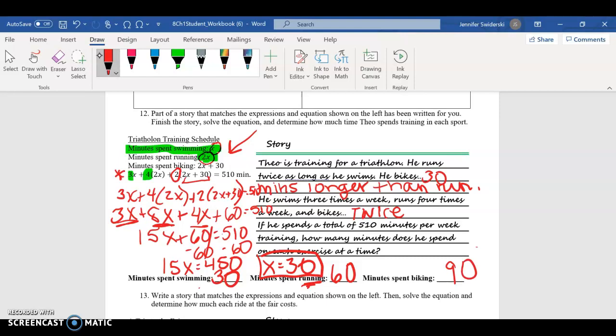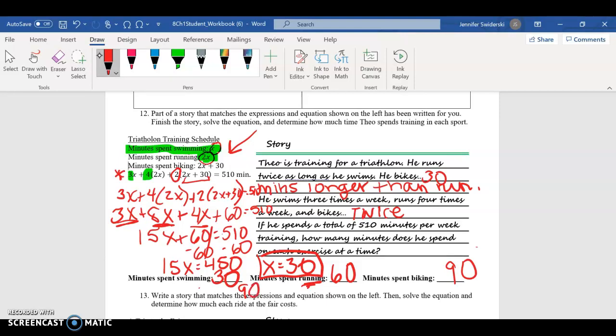Yeah, something is wrong, because when I add those together, they don't total to 510, right? If I add 90 plus 60 plus 30. Okay, what do you think I did wrong? Yeah, we have to go back now and say, okay, well, he did this 3 times. So 30 times 3, that means he did that for 90 minutes.